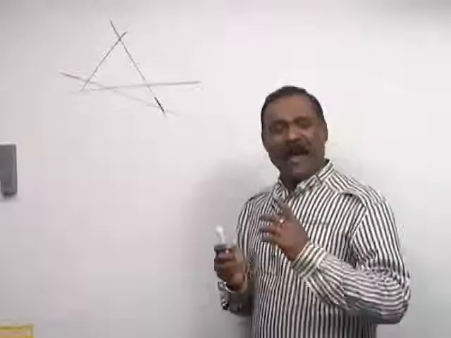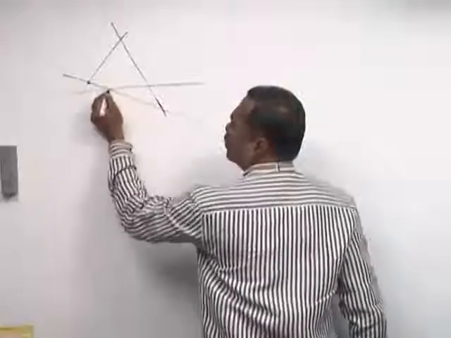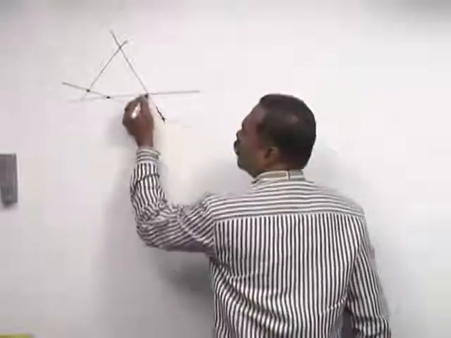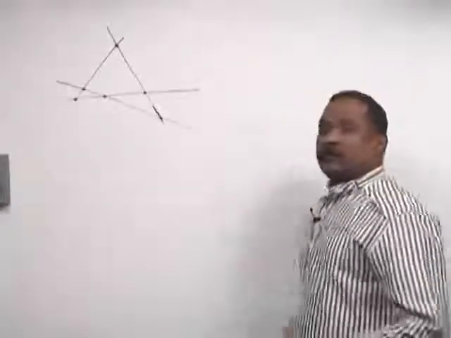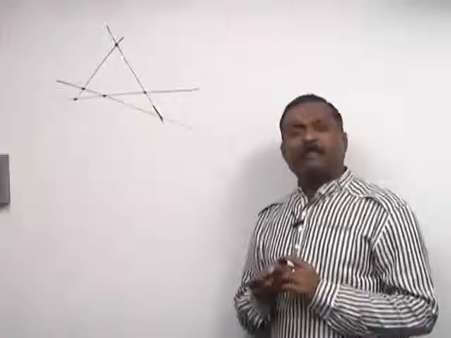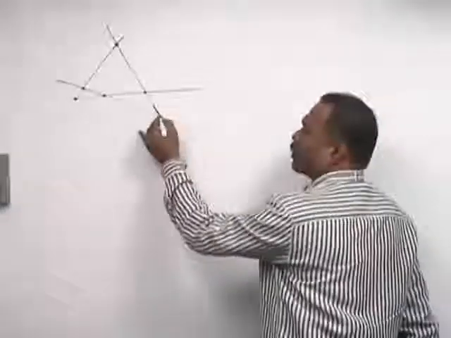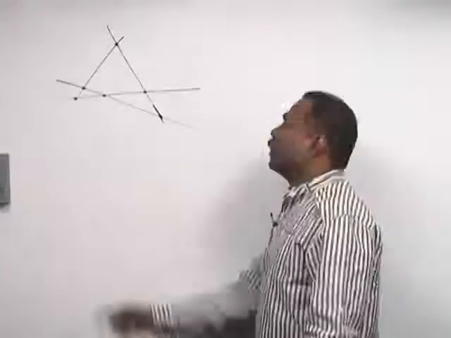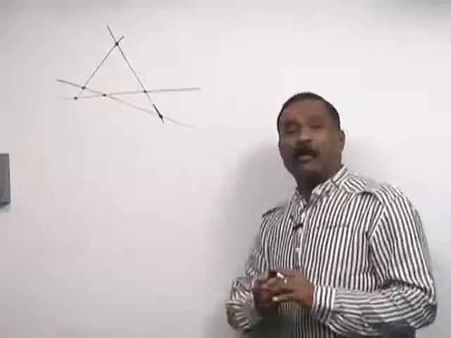Now the question is, their points of intersection are joined. These are points of intersection. Now, how many points of intersection are here? 4 lines are there. 1, 2, 3, 4, 5, 6 points of intersection are there.